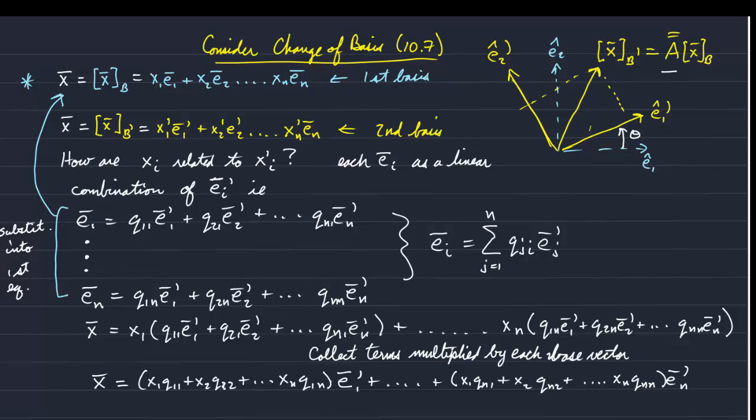And what you can perhaps recognize now is that we have an expression for x in terms of the changed basis, and that's the same as the second equation. So each of these terms is now x1 prime, the primed x values.